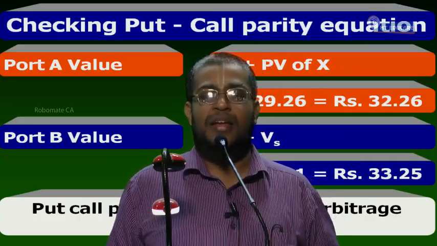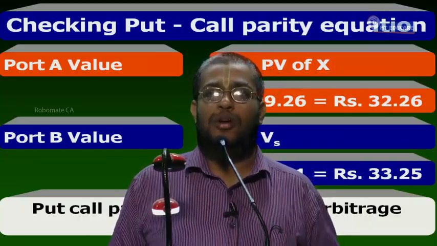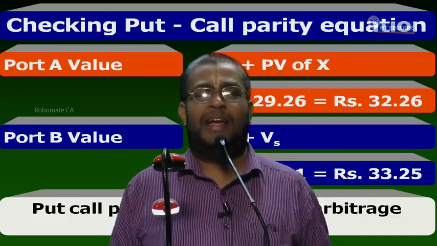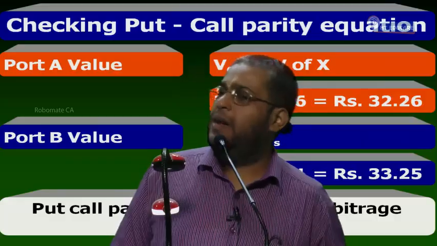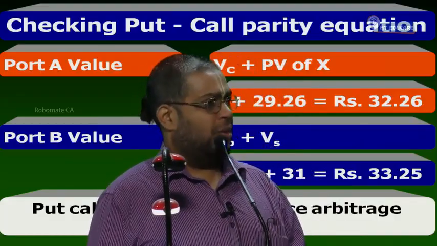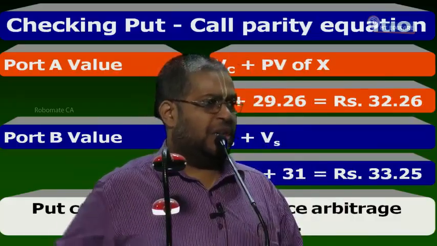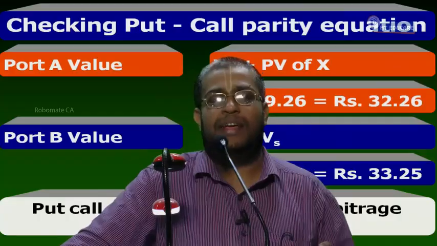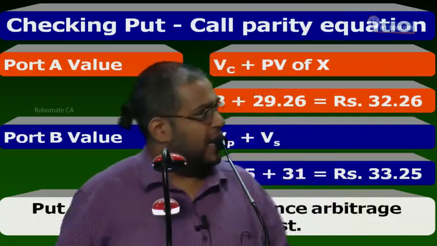What is selling a put option? It is writing a put option. Short sell a share and sell a put option, bracket: write a put option. Bracket close. Can I proceed?